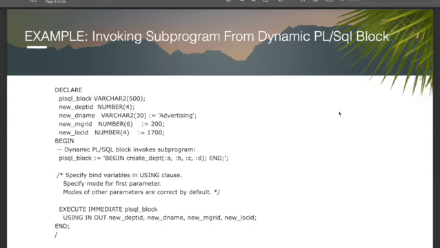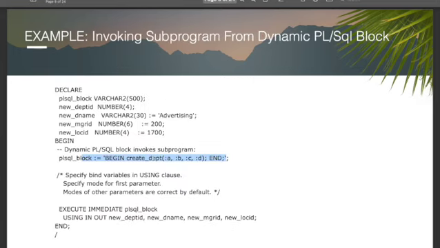Now in this example we can see the dynamic PL/SQL block. Here in the PL/SQL underscore block variable we are storing PL/SQL commands. You can see the first line, and then specify bind variables in the using clause.